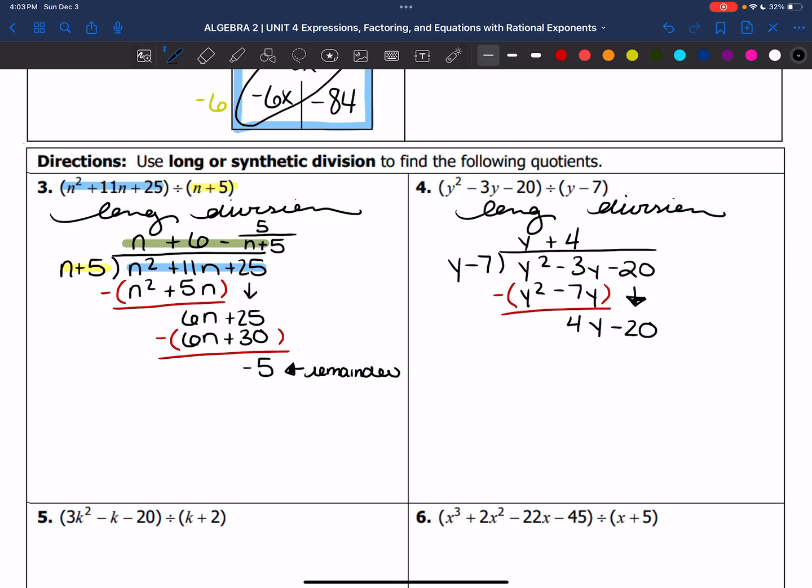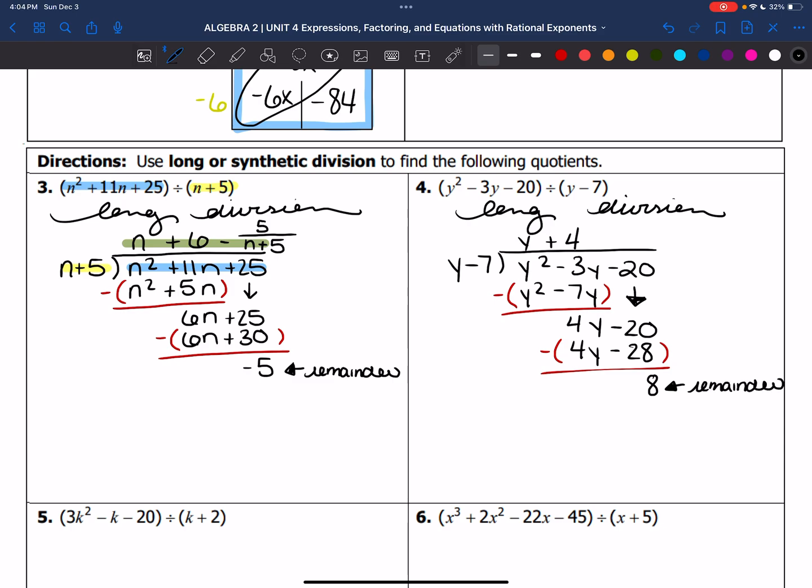So 4 times y is 4y, and 4 times -7 is -28. I'm subtracting both of those terms. The 4y's cancel out, and then it's a -20 minus a -28. So that's really adding, so we'll have 8 as our remainder.